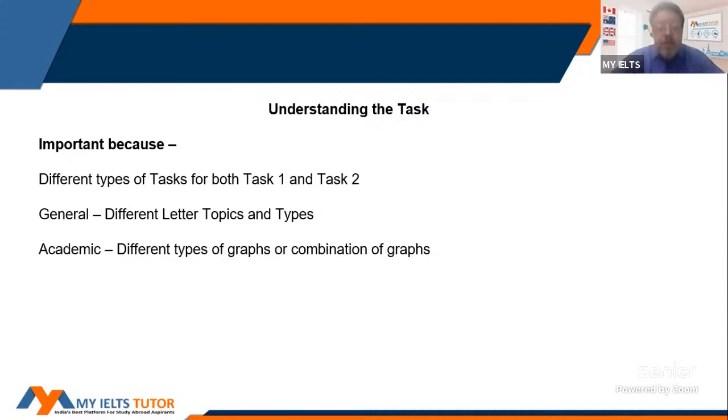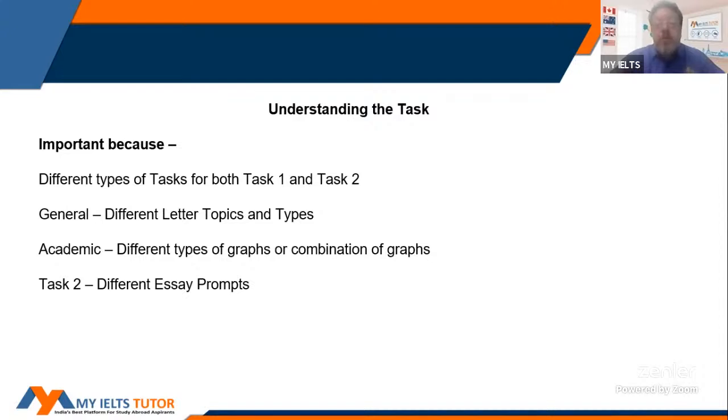And then for the essay, you have different types of essay prompts. You have the one where you state your opinion and you have to support it. So you have to explain your position, give supporting points and examples. You have advantage, disadvantage, where you talk about the advantages and disadvantages.